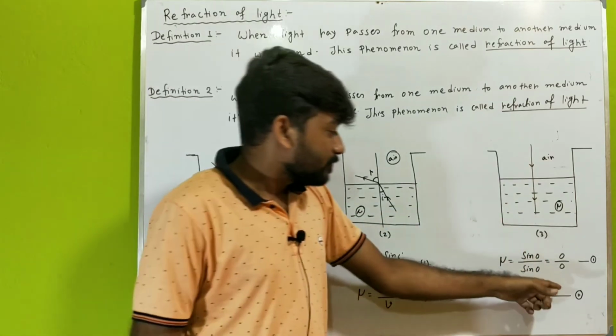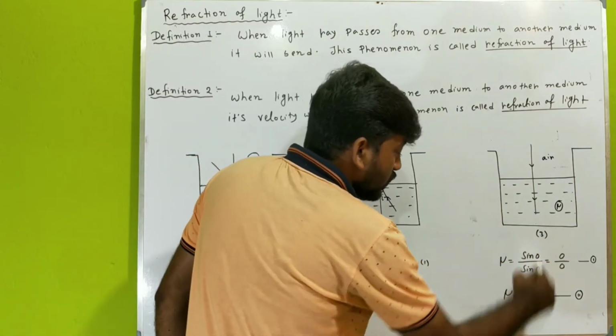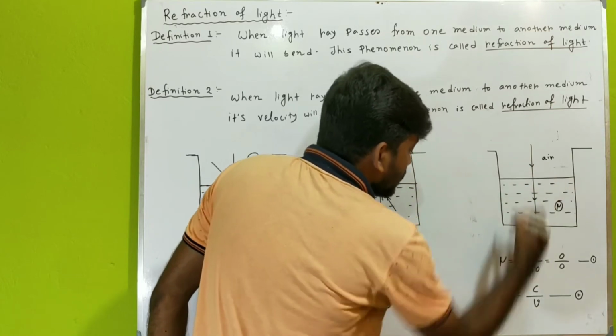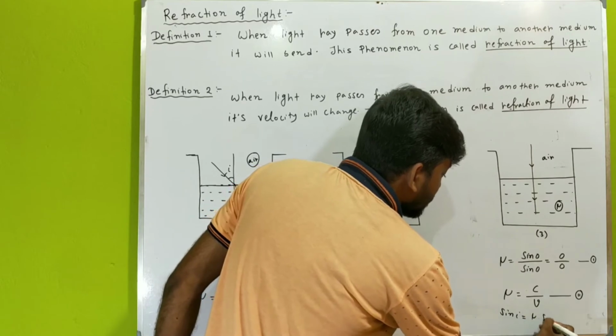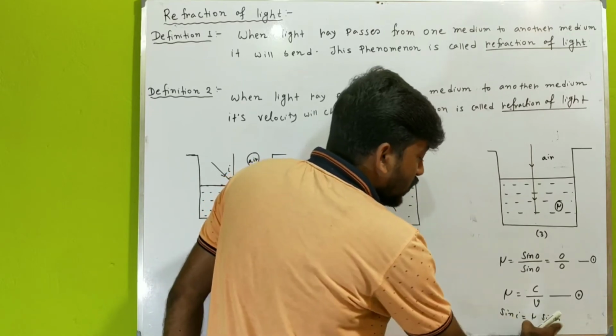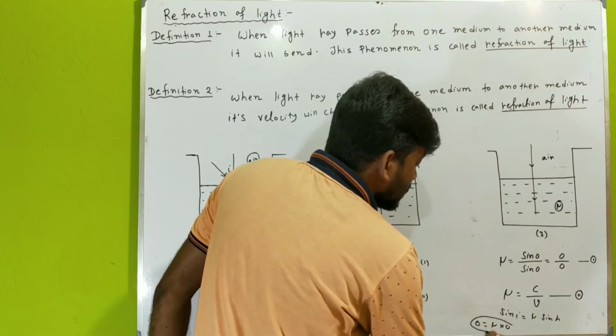Or if you write Snell's law in another way, instead of mu is equal to 0 by 0, if we write it like this, that sin I is equal to mu sin R, and in that case if I is equal to 0 and R is equal to 0, then 0 is equal to mu into 0. So there is no problem.